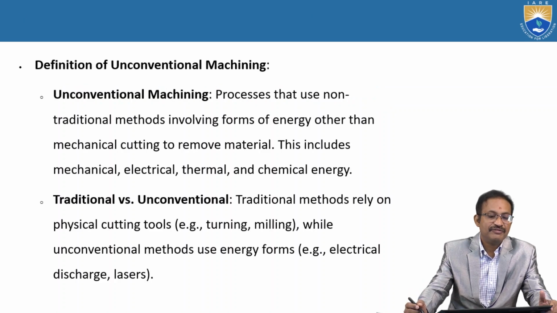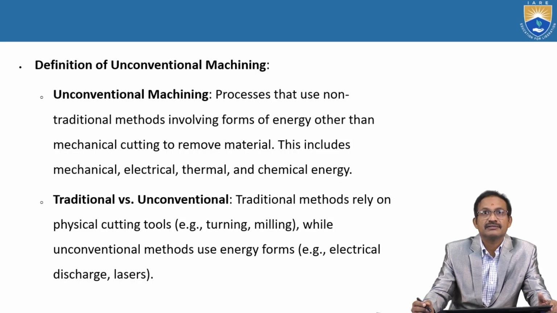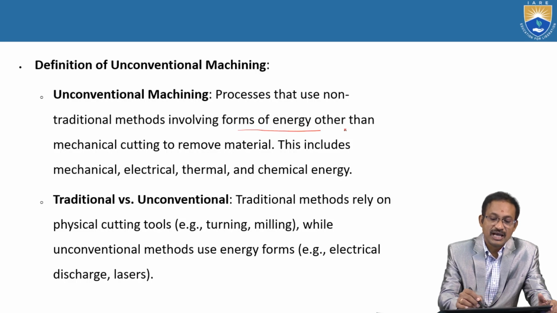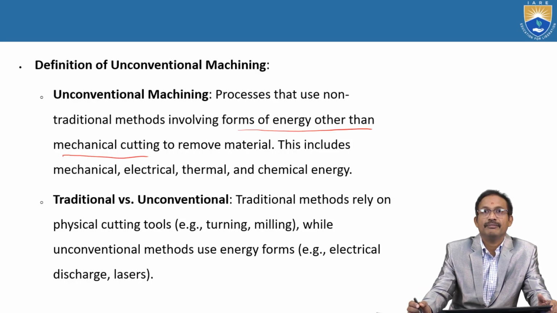Definition of unconventional machining. Unconventional machining: processes that use non-traditional methods involving forms of energy other than mechanical cutting to remove material. See, usually in mechanical cutting, we need to apply some forces.